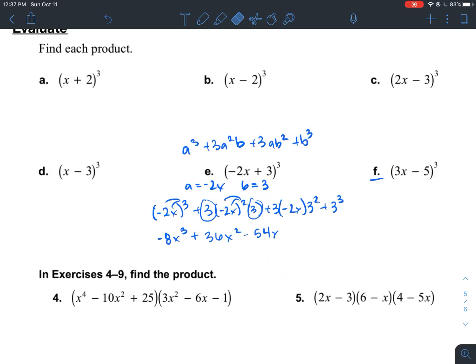And then for the last term, it's just going to be plus 27. So there you go. All we had to do was plug in the terms to get our answer.